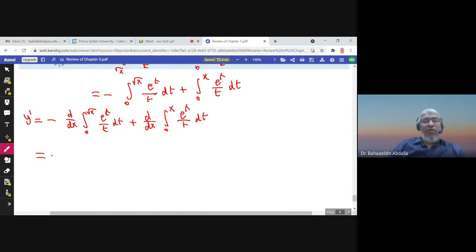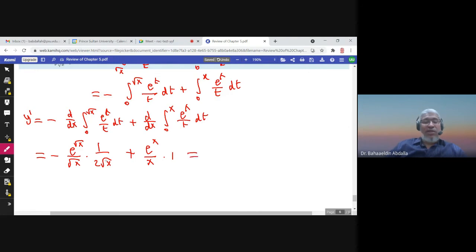So here I will have negative, I replace t by square root of x, and I will multiply by the derivative of square root of x, which is 1 over 2 square root of x. Remember that the derivative of square root of x is 1 over 2 times square root of x. Plus the derivative of this: I replace t by x, and multiply by the derivative of x, which is 1.